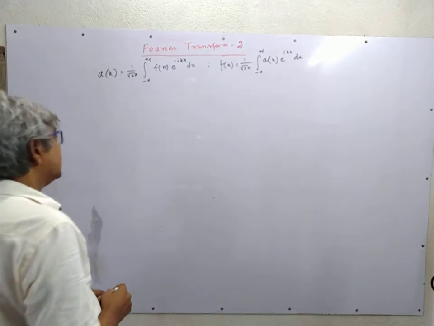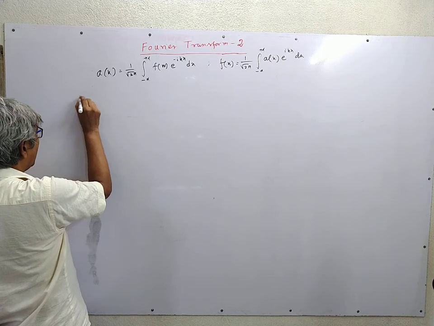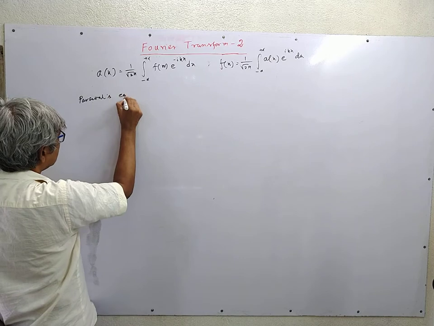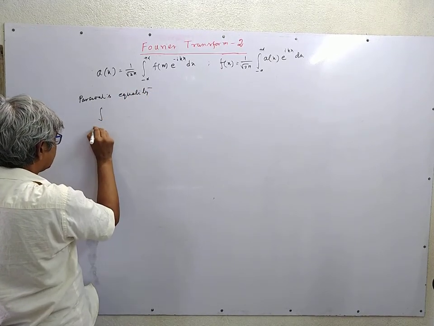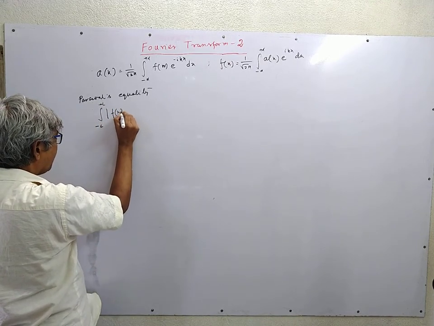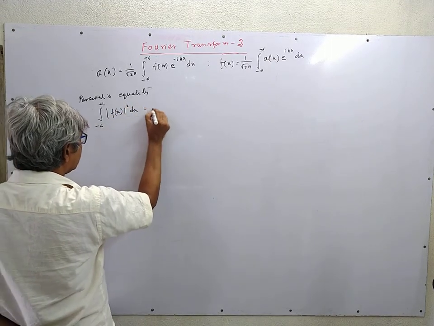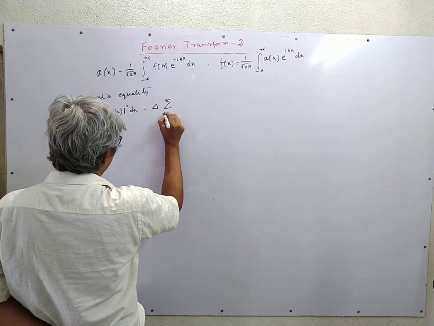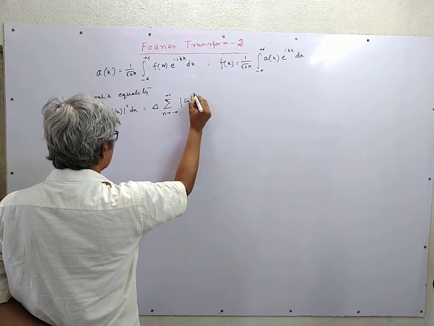We have arrived at this result starting from Parseval's equality, which says that integration from minus L to plus L of f modulus square dx is equal to delta, which is equal to 1 over 2 times the sum over n from minus infinity to plus infinity of cn modulus square.